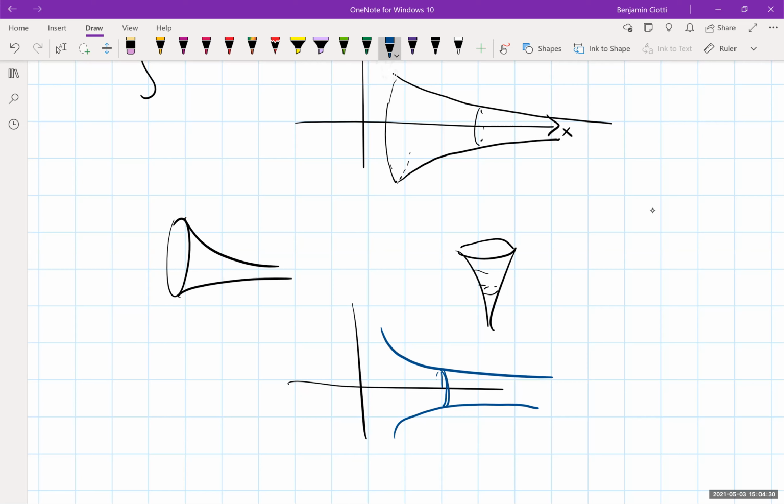Okay. What's the area of each of those disks? The radius is 1 over z. So pi over z squared.